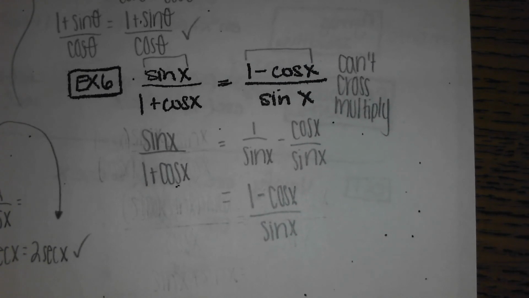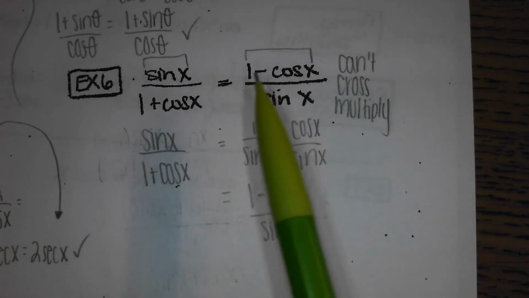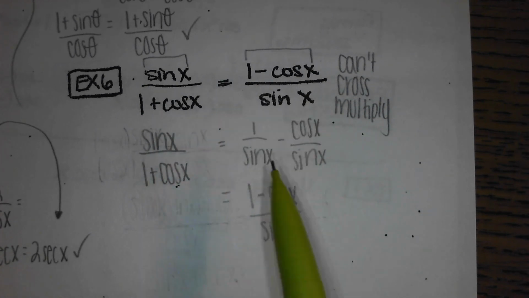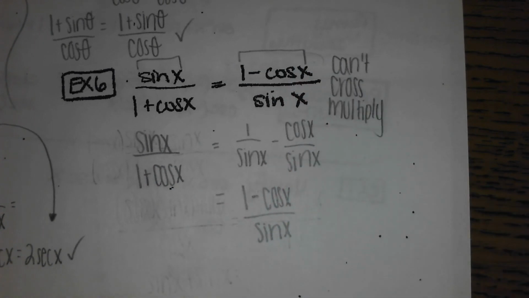This person split up the right-hand side, and I don't blame them for trying that, because when you have a binomial up top and you're dividing, you can split it up. But they quickly got to a dead end, because then what? Was this you? Oh, this is you. So unfortunately, you tried it, because that is a strategy we've used, but it didn't pan out. So you'd have to go back and try something else.